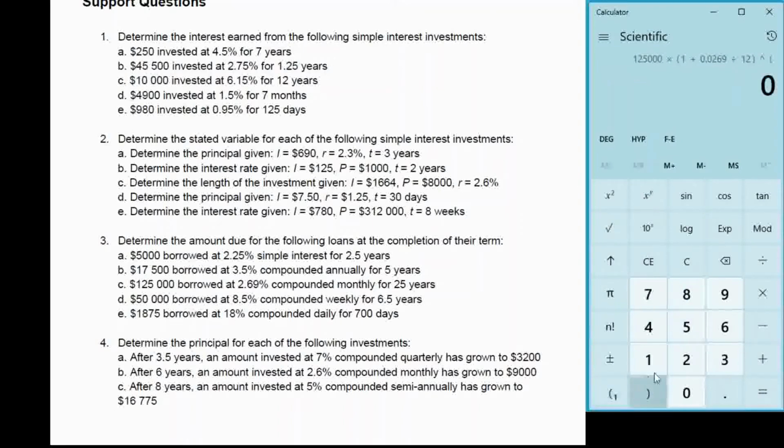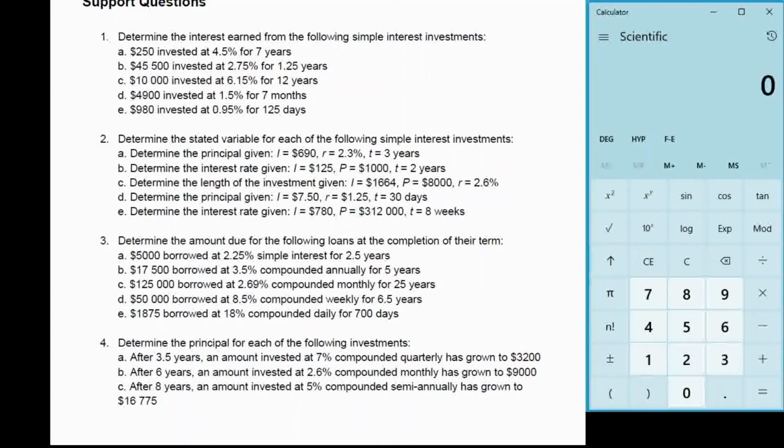So I have to do 25 times 12 for my N. So the $125,000 that was borrowed, if we wait 25 years to pay it back at that interest rate, compounded monthly, it almost doubles.